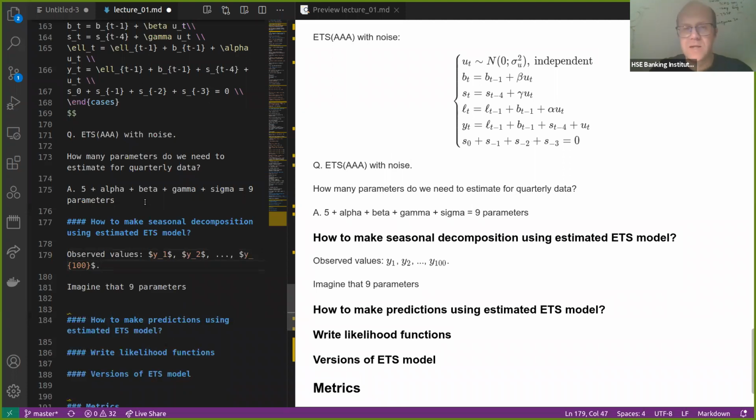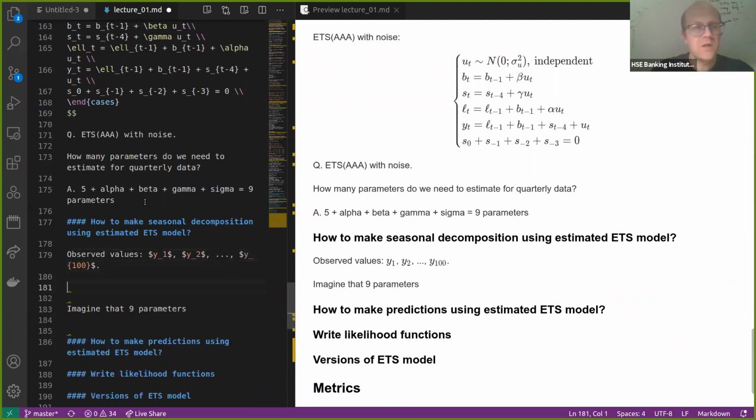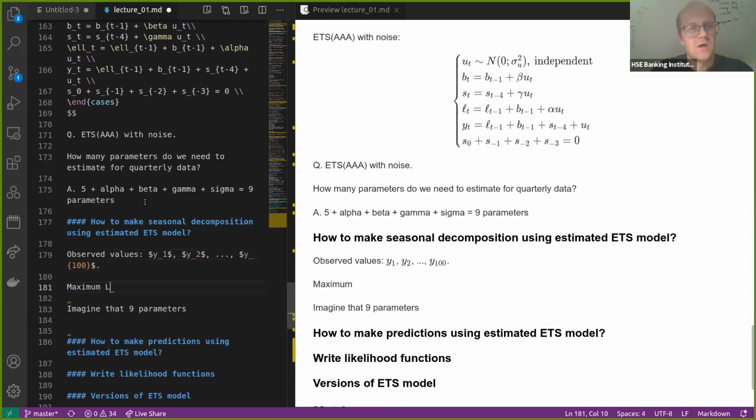So we have observed values. Then we use maximum likelihood magic, and we will not discuss this magic for the moment.